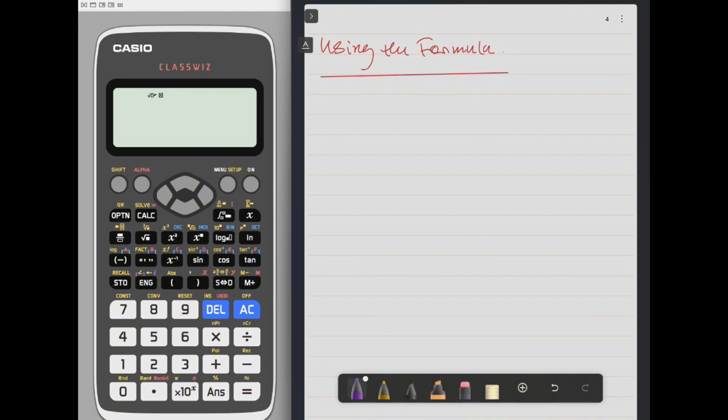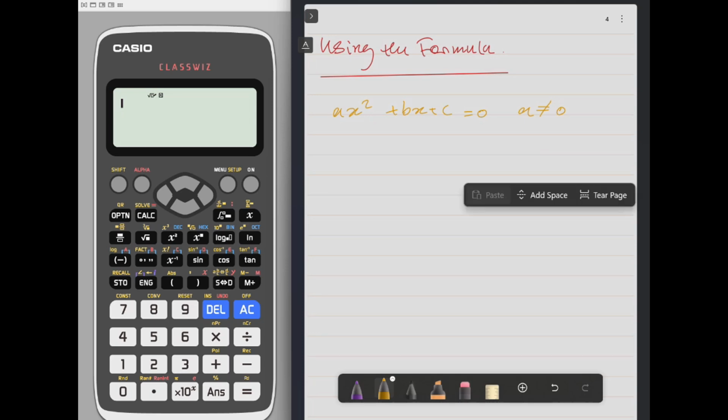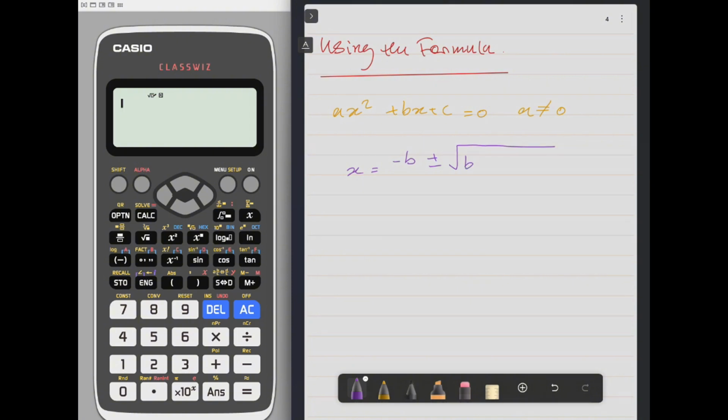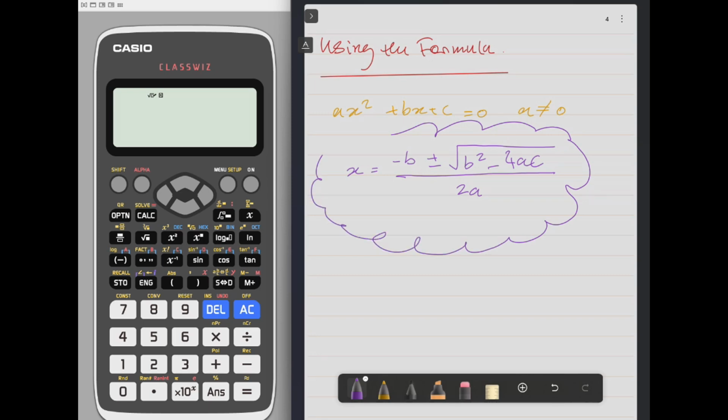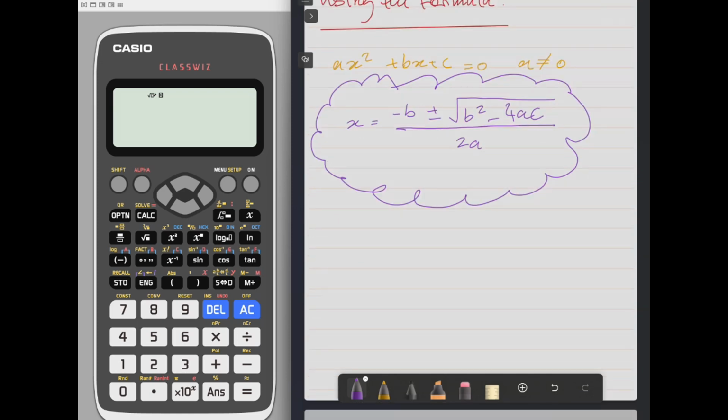So, if you have ax squared plus bx plus c equal to 0, where a is not equal to 0, then your x will be equal to minus b plus or minus root b squared minus 4ac divided by 2a. So, very important, guys. You have to remember this one.